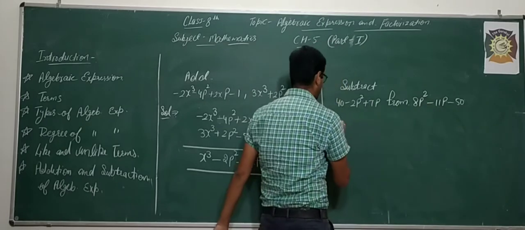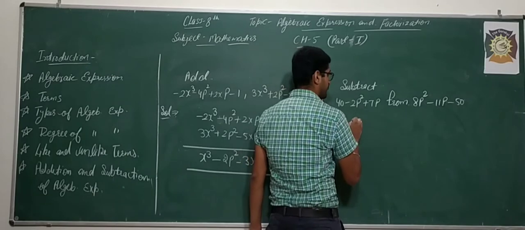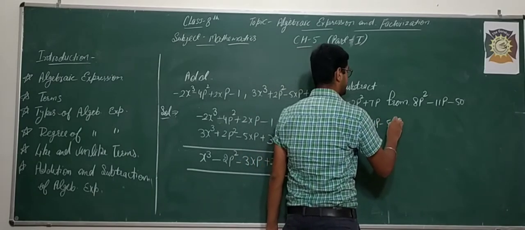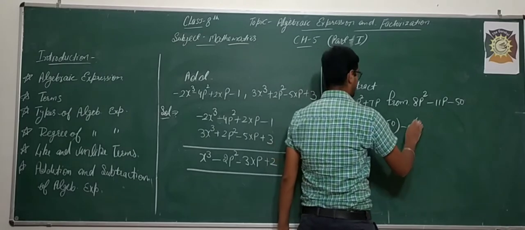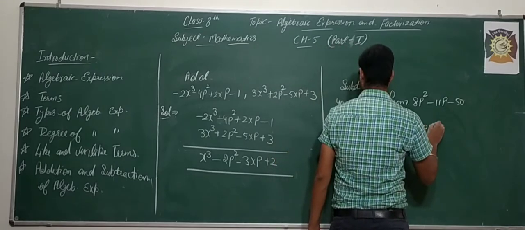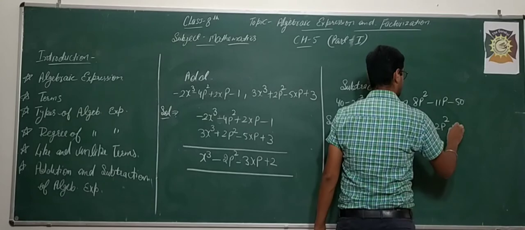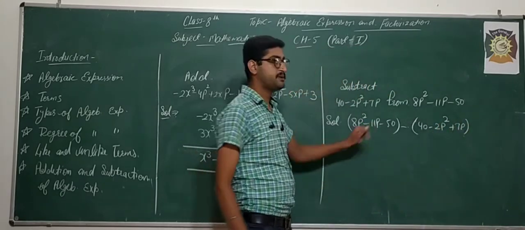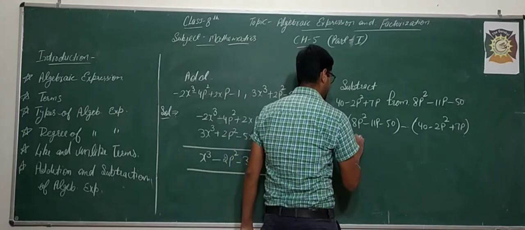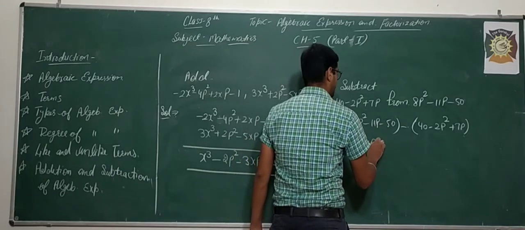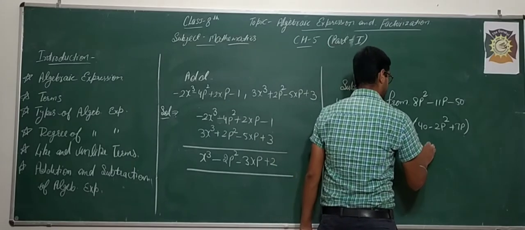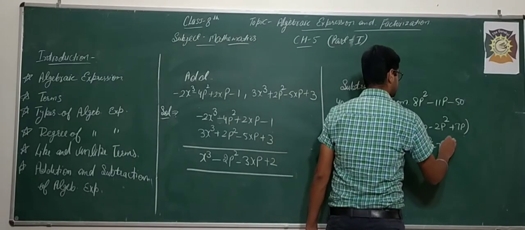So first of all, we will write 8p square minus 11p minus 50 minus 40 minus 2p square plus 7p. Now first of all, we will open the bracket. This will be 8p square minus 11p minus 50 minus 40 plus 2p square minus 7p.